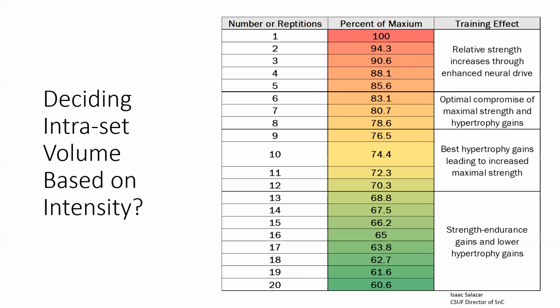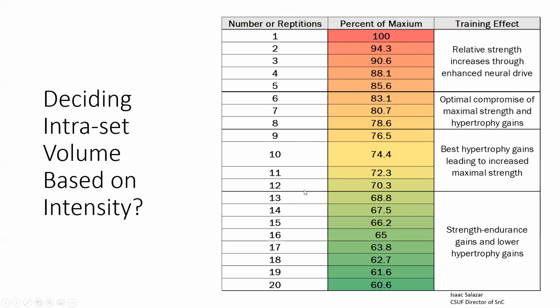If we look at our number of repetitions zone, the percent maximum, and the training effect, we can see that 1 to 5, we're looking at really developing strength. If we look at that 6 to 8 zone, we're developing strength with hypertrophy. So we're kind of teeter-tottering between those 2 zones.